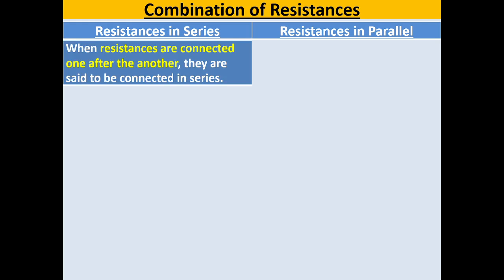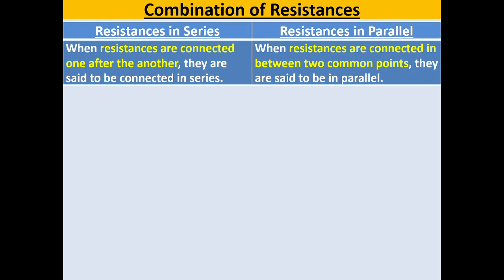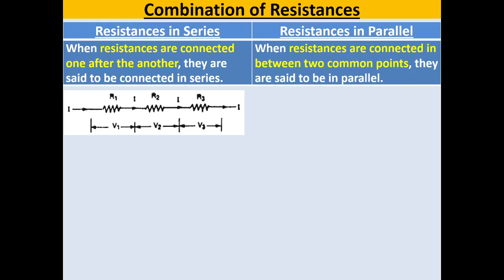When resistances are connected one after another, they are said to be connected in series. Whereas when resistances are connected between two common points, they are said to be in parallel. Whenever resistances are connected one after another as shown in the figure, three resistances R1, R2 and R3 are given. They are connected one after another. Such a combination is called a series combination of resistances.